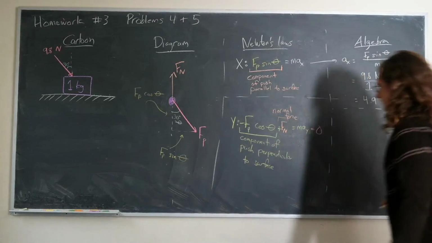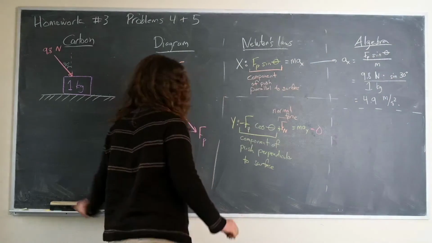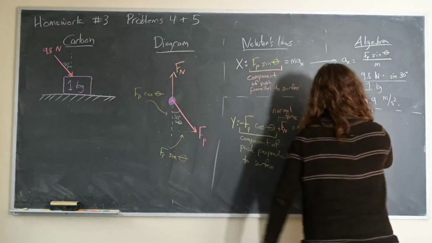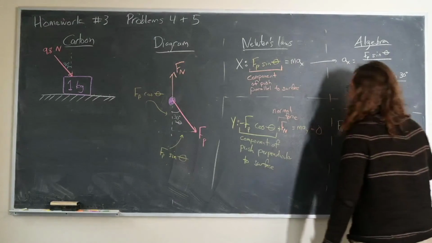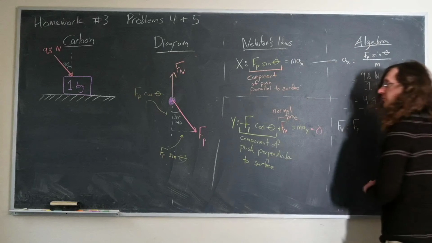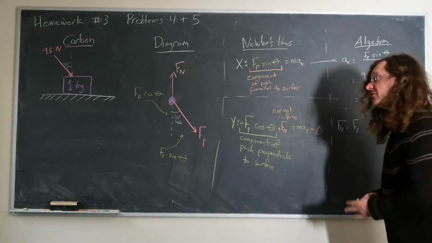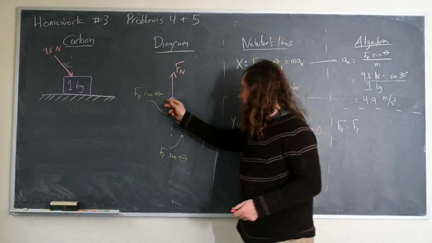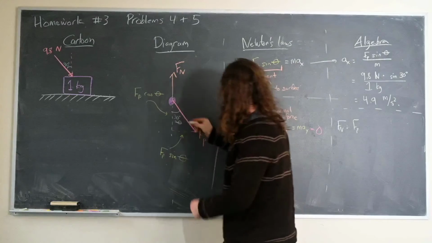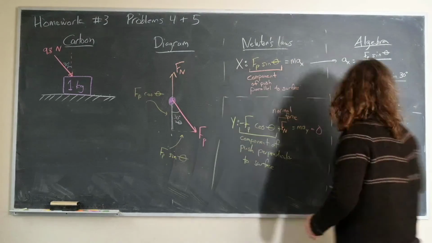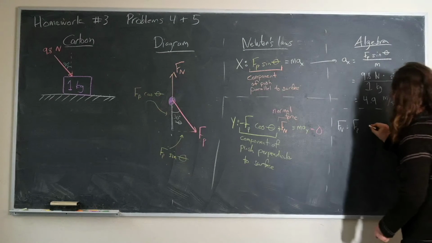Here, the normal force is just going to be the component of the push perpendicular to the surface. That makes sense, right? If I'm pushing down on it, whatever the component is with which I'm pushing it into the table, this one right here, has to be counterbalanced by the normal force for it to not move through the table.